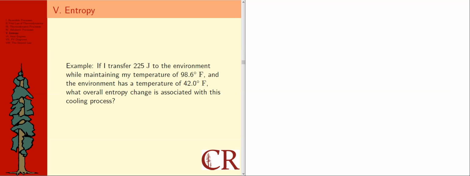So when I look at me losing 225 joules to the environment, maybe I'll write over here, we'll say that's delta S for me, and that would be equal to 225 joules, and that was negative 225 joules because I'm cooling, right?